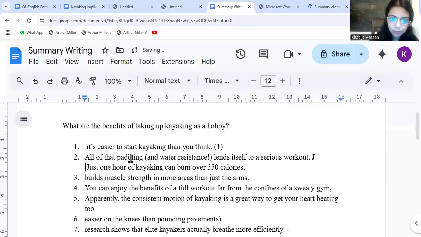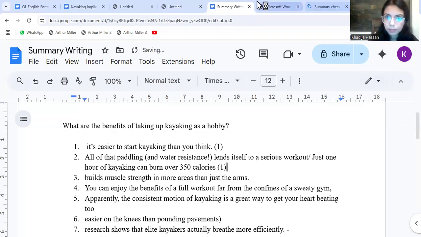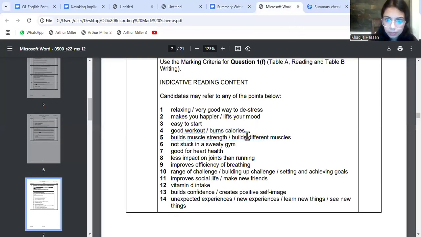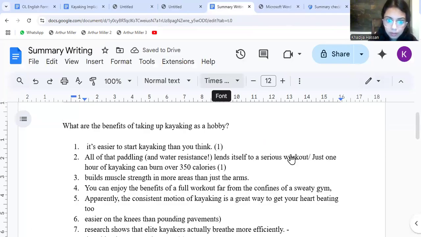Okay, so 2 and 3 were actually 1 point. It was workout point and then the calories. This is 1. Builds muscle strength, builds different muscles. Okay, so this will also be a point.